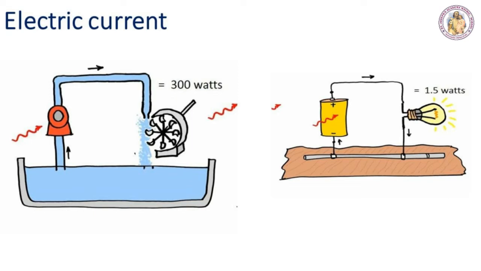Why? Because the motor gives a pressure on the water. In a similar manner, in a circuit we have a battery, that is the motor, we have a wire, that is the pipe, and the water is the electron flow through the pipe.